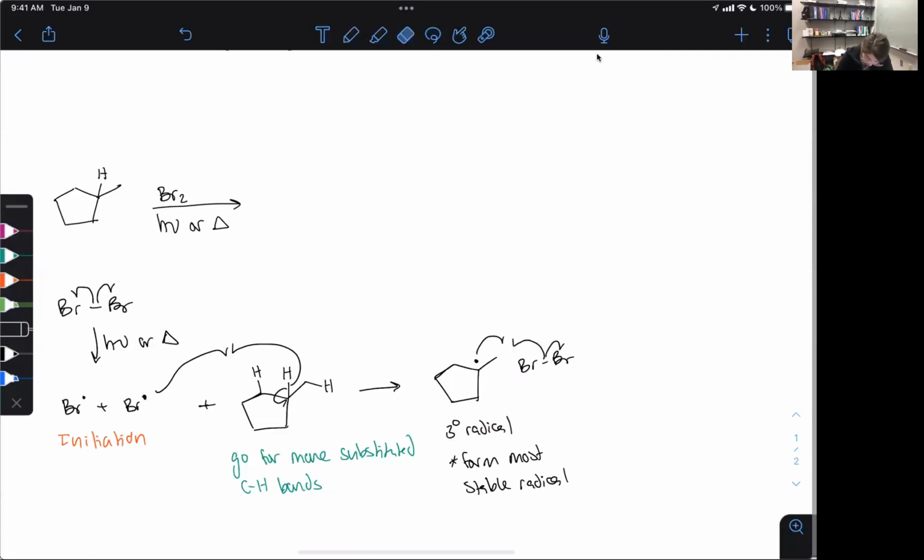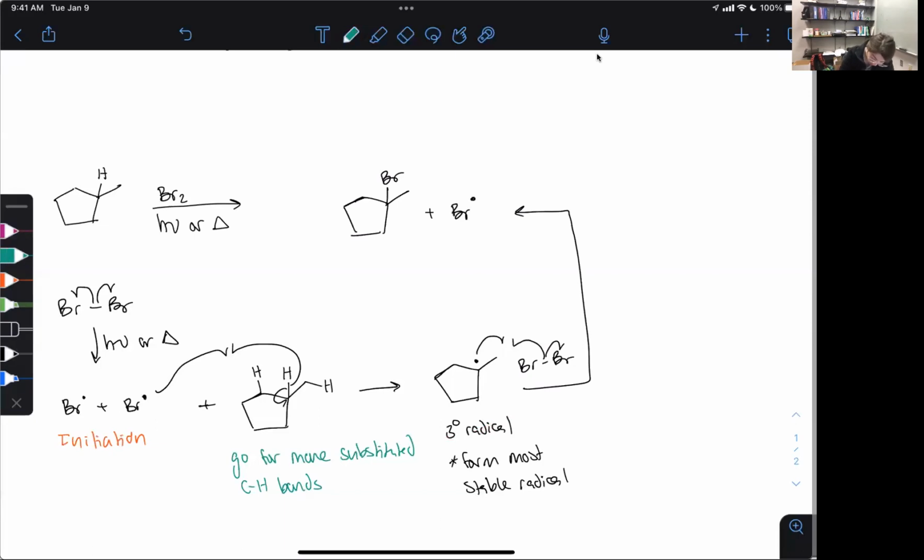Actually, I'm going to change that arrow. So we're going to get that brominated product plus Br radical.